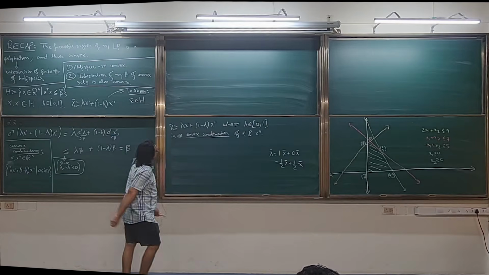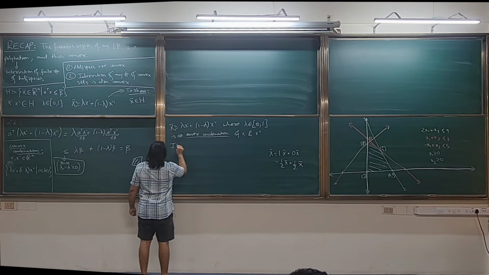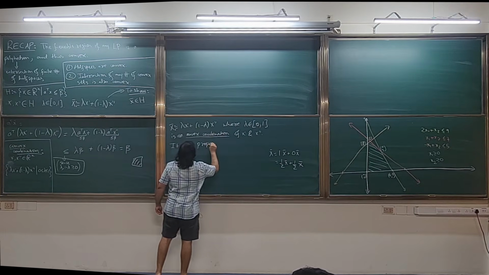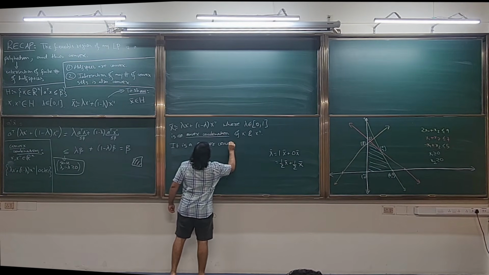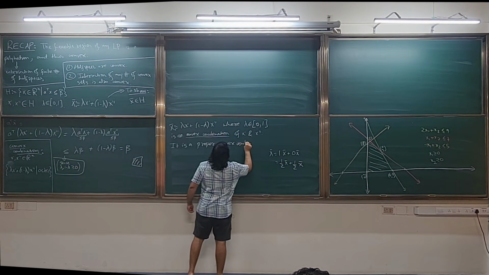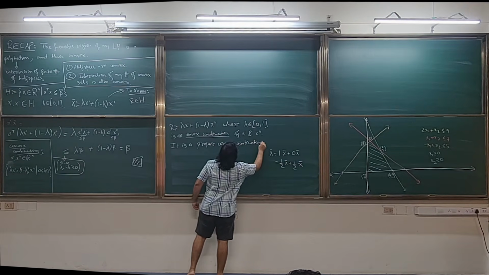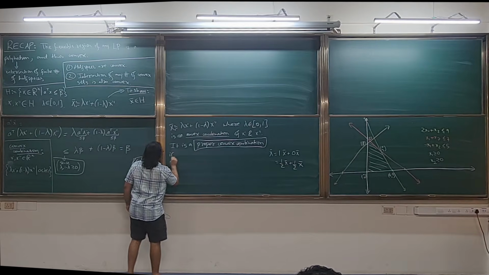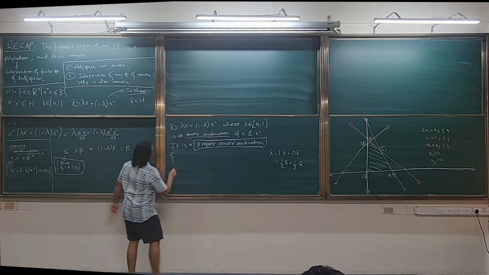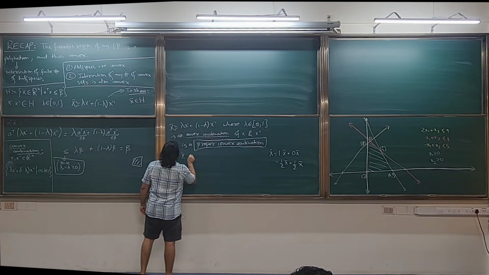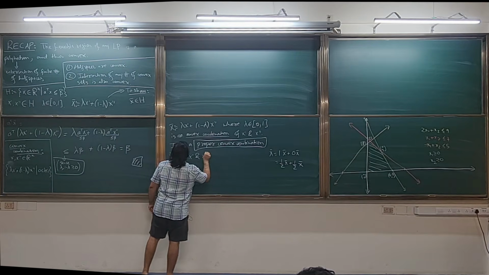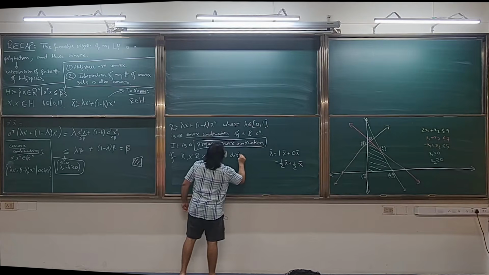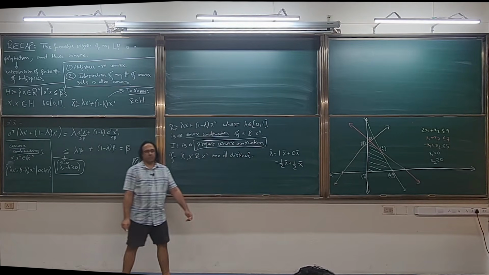Okay, that's the special convex combination. It is proper, or rather interesting. It is a proper convex combination if all 3 of these points are distinct. X bar, x prime and x double prime are all distinct.